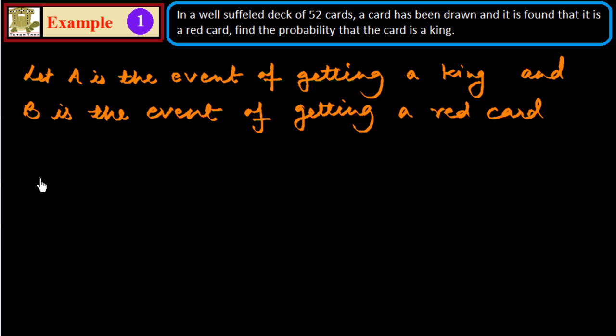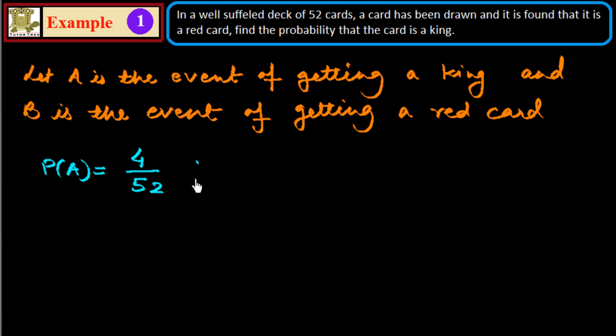First of all, we will find out the probability of A. For P of A, we know there are 4 cards of king in a deck of 52 cards. So the favorable outcomes are 4 and the total outcomes are 52.